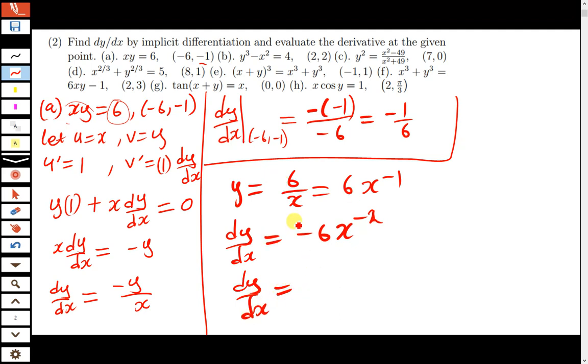This is just normal differentiation, not implicit. The implicit one is the first part which I did. So we have negative 6 there, which can also be written as negative 6 over x squared.